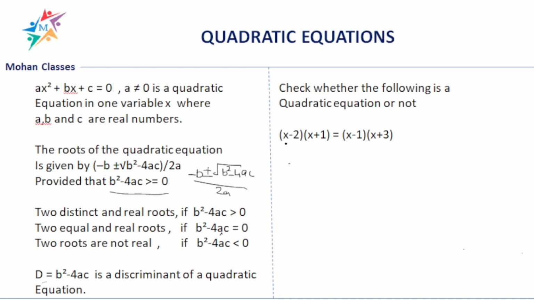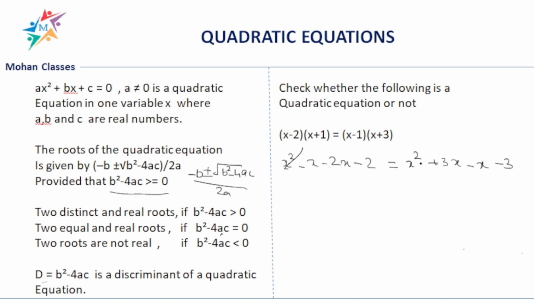So let us simplify it. x minus 2 into x plus 1 is equal to x minus 1 into x plus 3. x minus 2 into x plus 1, what will you get? x square minus x minus 2x minus 2 is equal to x square plus 3x minus x minus 3.